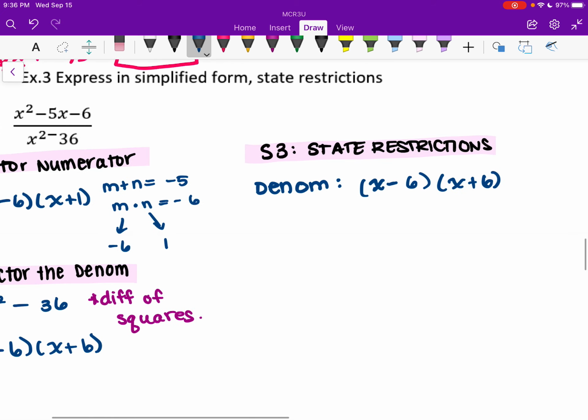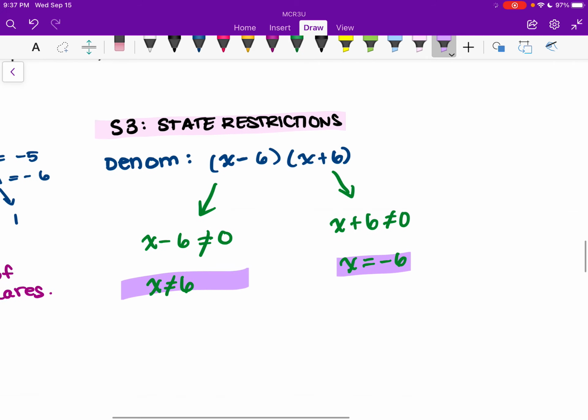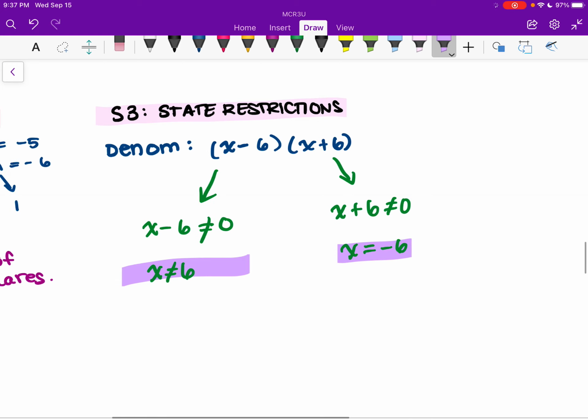Now let's split these 2 brackets up into things that we can actually solve. x minus 6 cannot equal 0, and x plus 6 cannot equal 0. Both of those brackets can't equal 0, so this becomes x cannot equal 6, x cannot equal minus 6. You could also write this as x cannot equal plus or minus 6. I have no problem with that, I'm just writing it out for you.